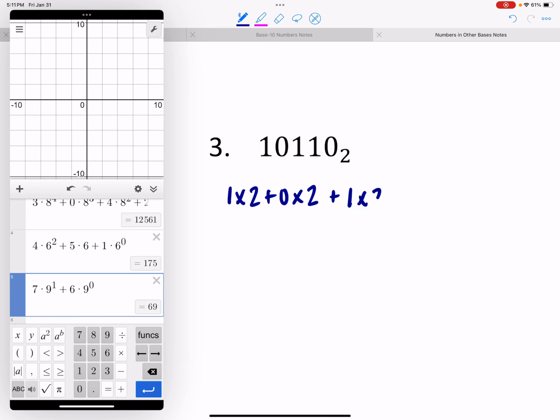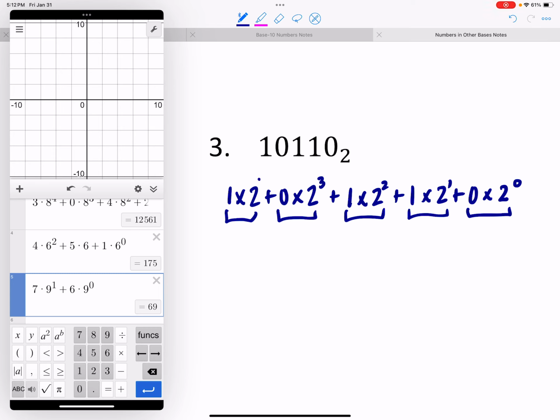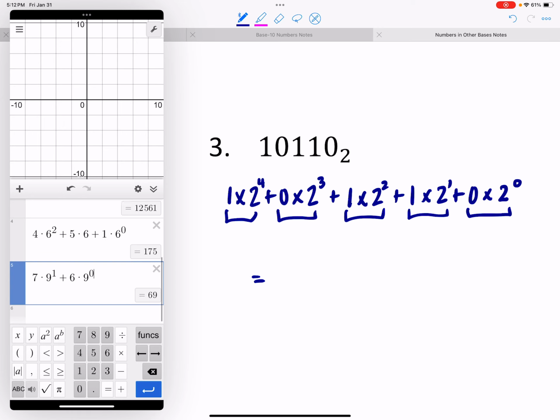Right, 1 is a power of 2, the next one is a power of 2, and then a 0 as a power of 2. So I've got 1, 2, 3, 4, all 5 of these. So we got 0, 1, 2, 3, and 4 when we put those powers in, and now we're ready to evaluate and see what we're actually looking at here.